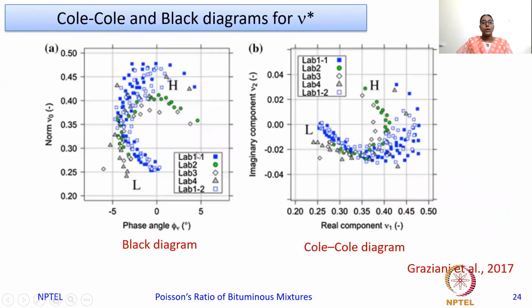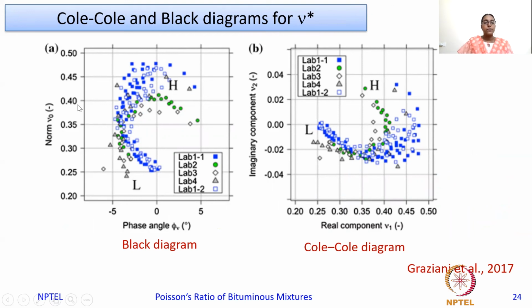Now, this is one study by Graziani et al. in 2017. We can see that from the Poisson's ratio and the dynamic modulus measurements conducted at different labs, they have plotted a Cole-Cole diagram and a Black diagram for the complex Poisson's ratio, so we can have an idea about how this varies.